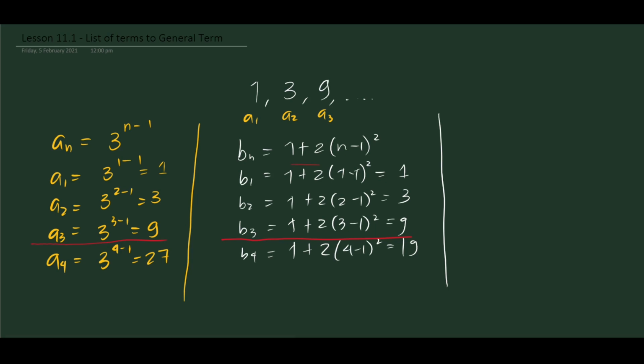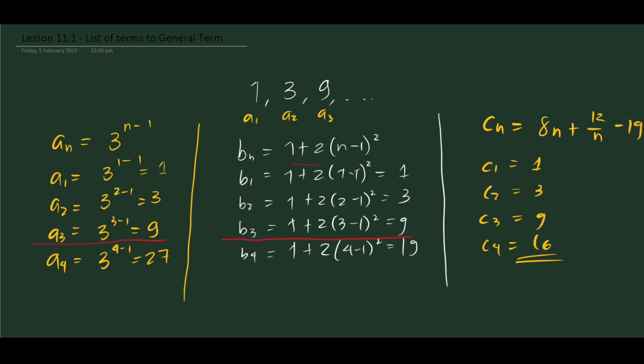So in fact, we can even get 1, 3, 9 if we say Cn here is equal to, we have another general term, (8n plus 12) over (n minus 19). So C1 will still be equal to 1, C2 is equal to 3, C3 is equal to 9, and C4 will be 16.